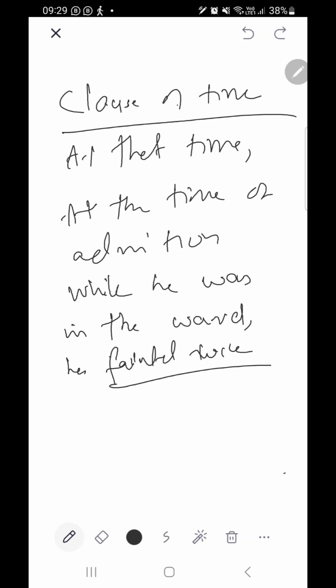We can write it in the time clauses as well. His review visit was scheduled after 2 days. It's also a time clause. While waiting in the lobby, the patient fainted. Time clause, right? Is it clear to you?